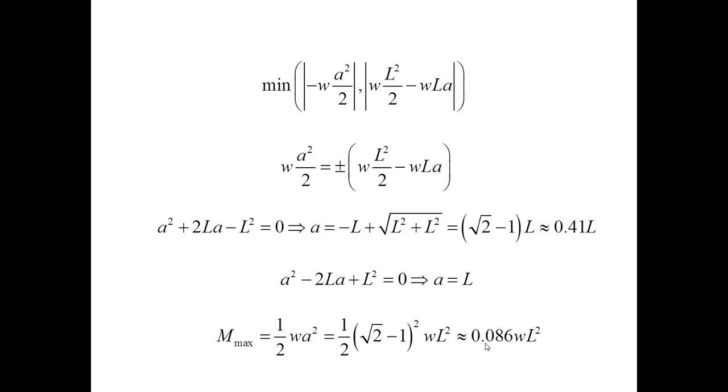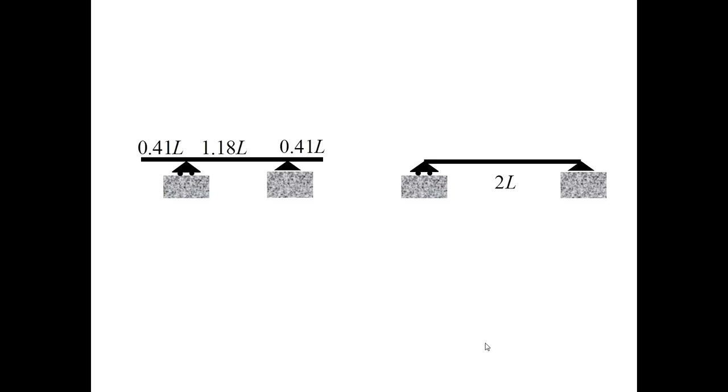Now, let me complete this problem by comparing two designs. One is optimal, as identified by us, and another design involves just a simply supported beam of length 2L, with the supports at the ends. For the optimal case, we just calculated the value of the maximum bending moment, and it is equal to 0.086 WL squared.